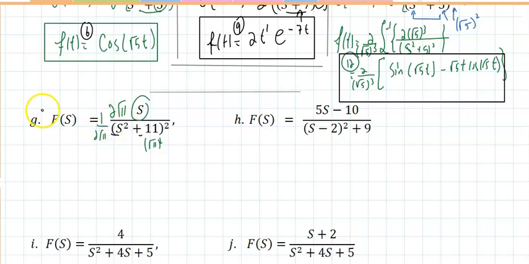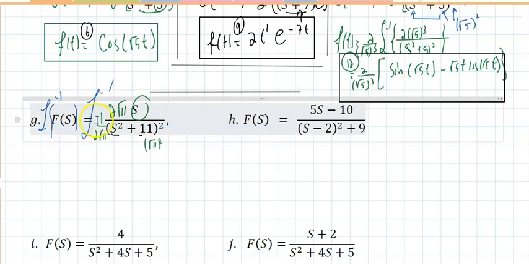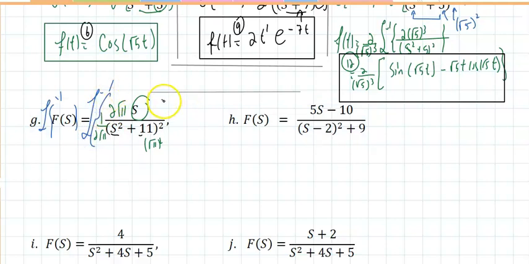So now when I apply the Laplace inverse on this, I'm looking for f of t. I'm done. Equal. Now, the 1 over 2 radical 11 I could take out.